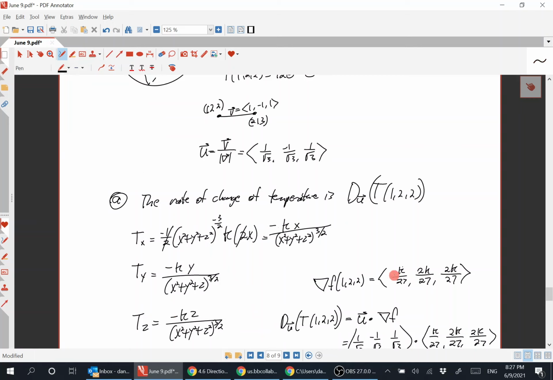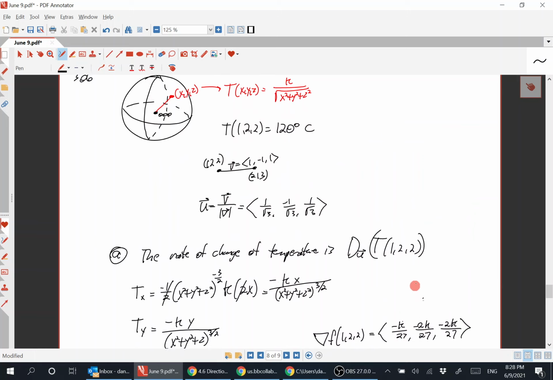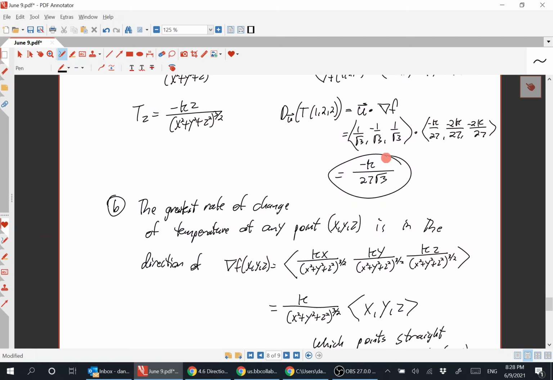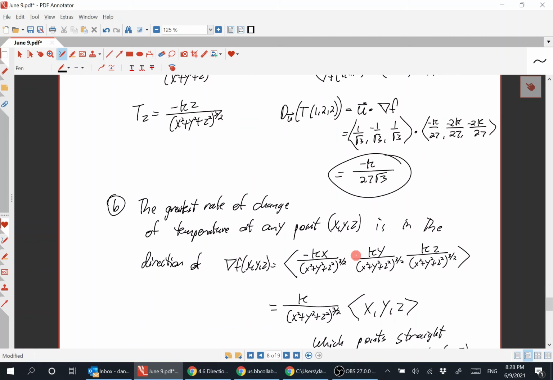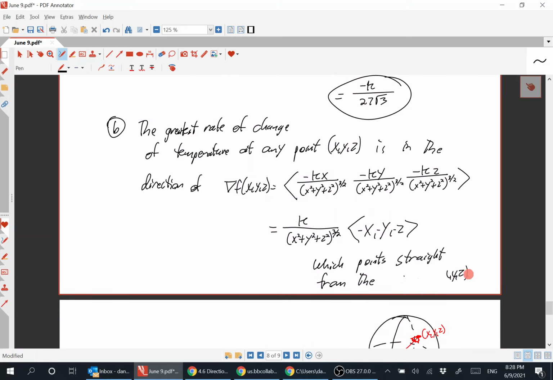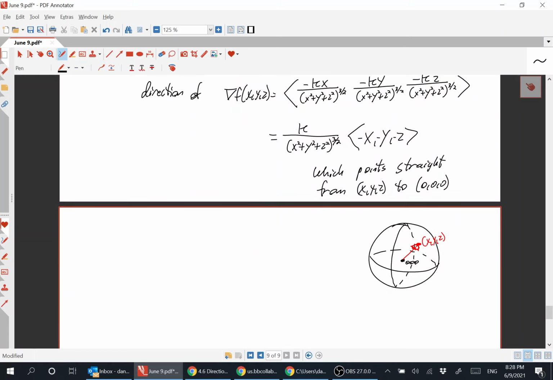Negative here, negative x, negative y. Well, I could leave the negative in there, which points straight from x, y, z to the origin, to (0, 0, 0).